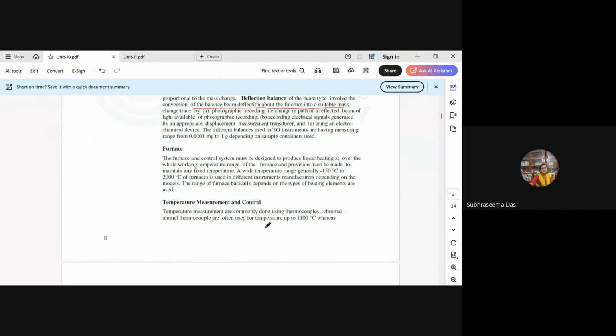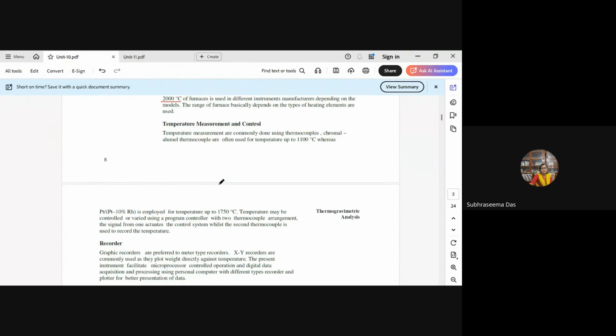Normally people working in solid state chemistry or with very heat resistant materials need to measure the thermal stability of the material up to 2000 degrees centigrade. So furnaces have been designed that can sustain temperatures up to 2000 degrees centigrade.